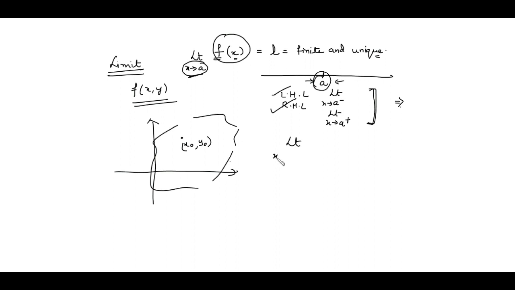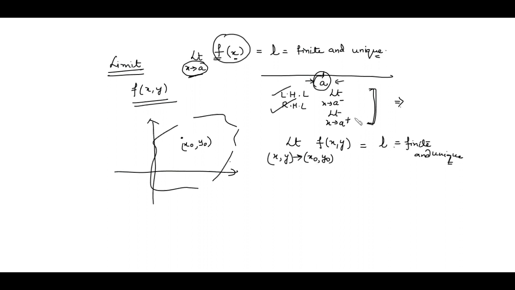Now we want to find, as (x, y) approaches (x naught, y naught), if the function approaches some L where this L is finite and unique, you will say this function has a limit at the point (x naught, y naught), right?